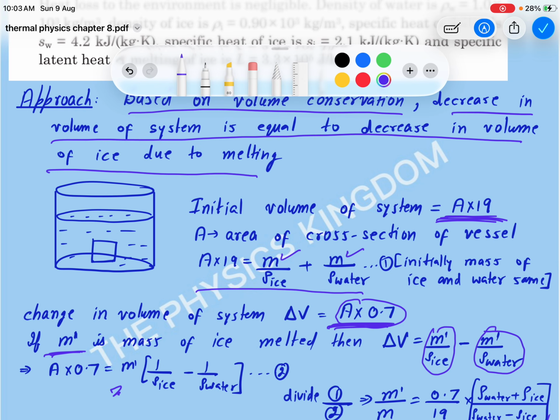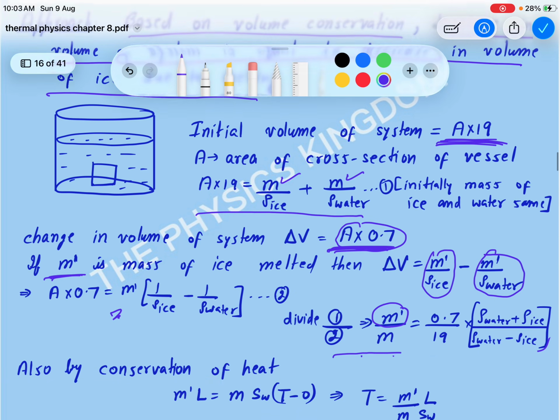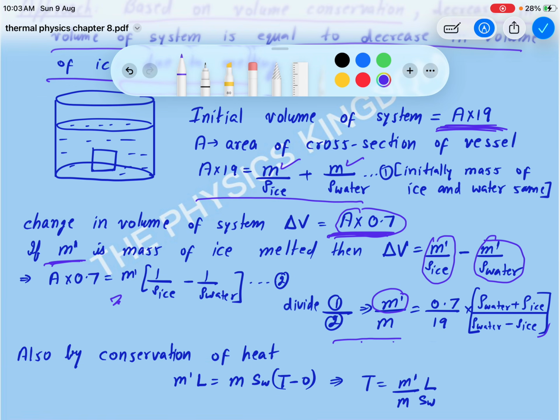Now if you divide equation 1 by equation 2, we get m dash, the mass of melted ice, in terms of m, the mass they are giving. How much it will melt depends on the initial temperature of the liquid. So m into specific heat of water into T; the final temperature has to be 0, because if the final temperature is not 0, then it will keep on melting. So the final temperature of the liquid is 0.